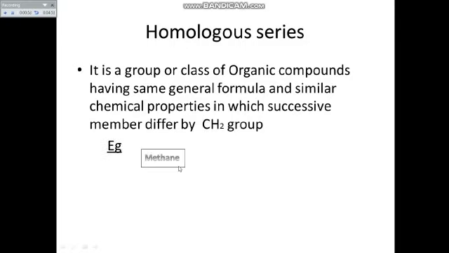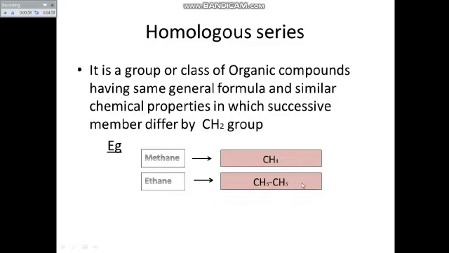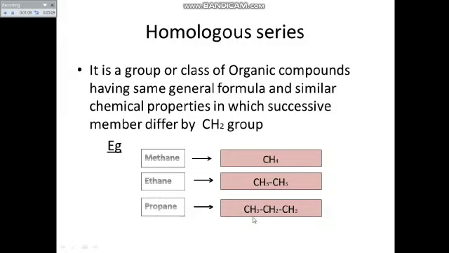Example, methane, CH4, ethane, C2H6. The difference between these two is CH2. And then next, propane. Propane is CH3CH2CH3. So one CH2 is added in this compound, so the difference between these two is CH2.